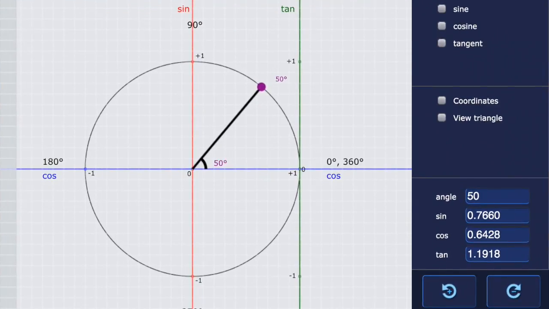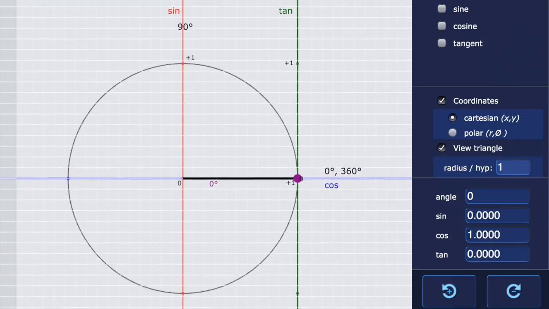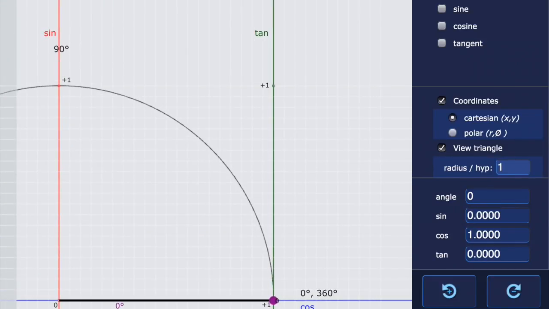If you look on the right hand side of the screen there, we have the angle is 0 degrees, the sine is 0, the cosine is 1, and the tangent is 1. I'm going to view the coordinates, and I'm going to view the triangle.